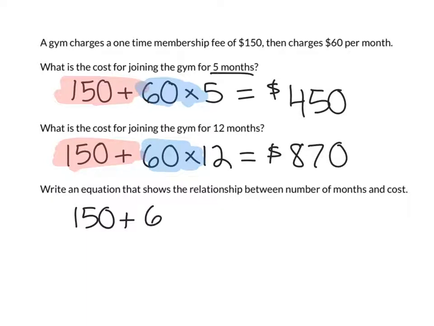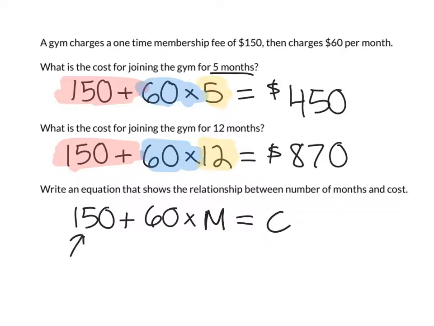So we would have 60 times. But then here's what's changing. When we look at this number here, the 5 and the 12 are changing. So we're going to use a variable to represent what they stand for. The 5 and the 12 represented the number of months, so we would have M for number of months. And then obviously this price over here at the end is changing because it's a different amount of months. And so I might say C for total cost.